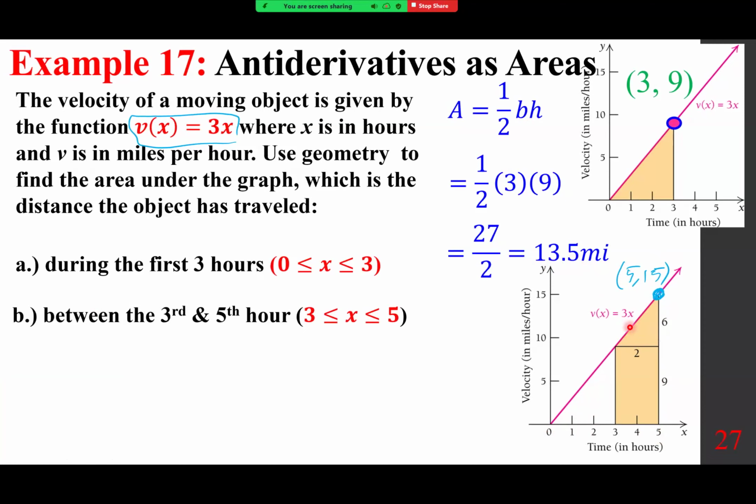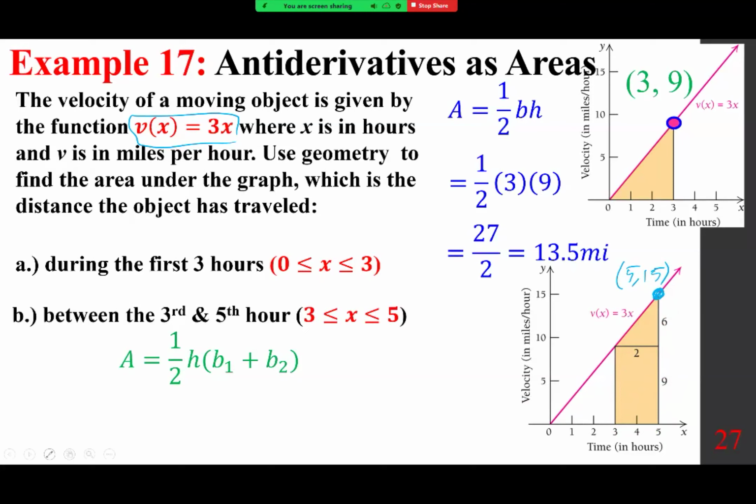The other one is that this is a trapezoid, and the formula for the trapezoid is half of the height times b1 plus b2. I hope you notice that when we look at it this way, this is the height, this is the smaller base, this is the larger base. So half the height, which is from 5 to 3.